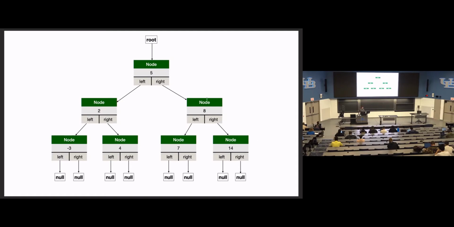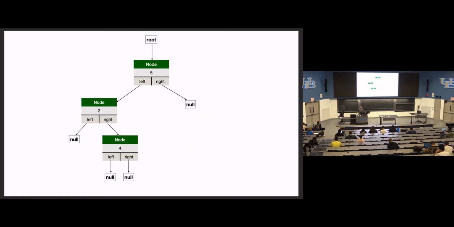But fundamentally, it's nodes that have references to two other nodes instead of just one, the difference between a tree and a linked list. Trees can be lopsided like this. You don't always have to have a left and a right child. The left child can have a reference to a node while the right child has null, for example.